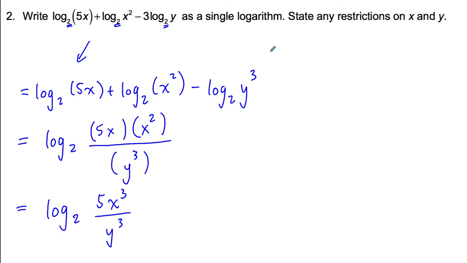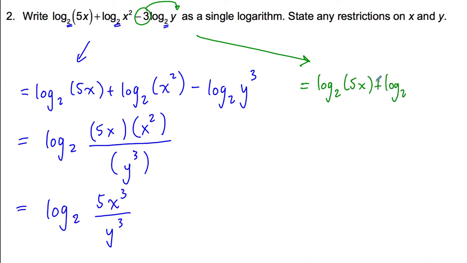The second method I want to show is what happens if I took the -3 and made that a coefficient, the exponent on y. So here we could see we would still have log base 2 of 5x. We would still have log base 2 of x squared with a positive coefficient.